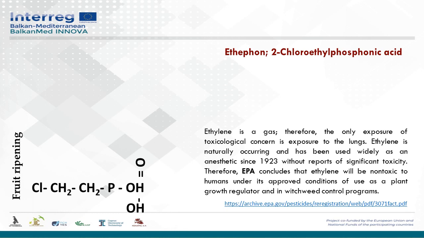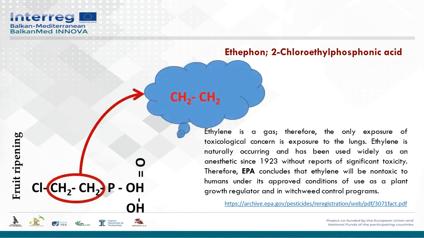Indeed, in commercial production, the product which is mostly used is ethephon, or otherwise 2-chloroethylphosphonic acid, and this is its formula, by which, when you apply it in an environment, ethylene is released, and as you can see from this picture here, it is a gas.